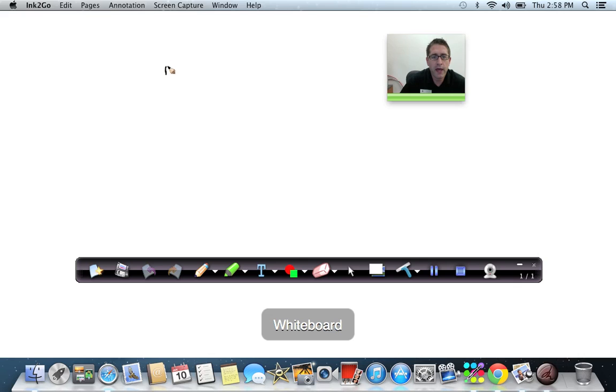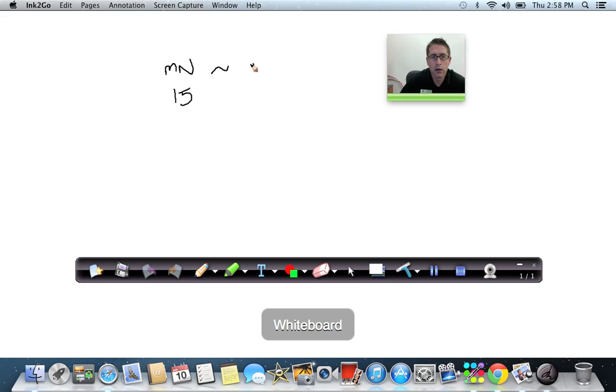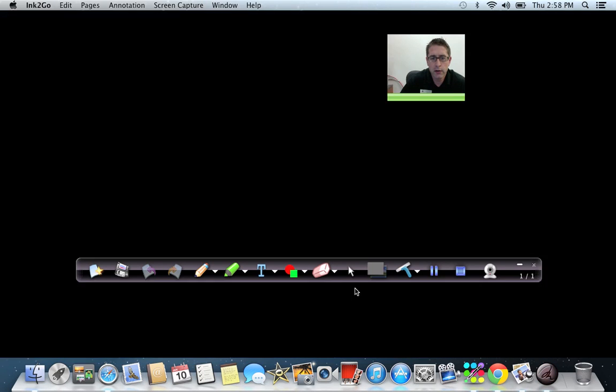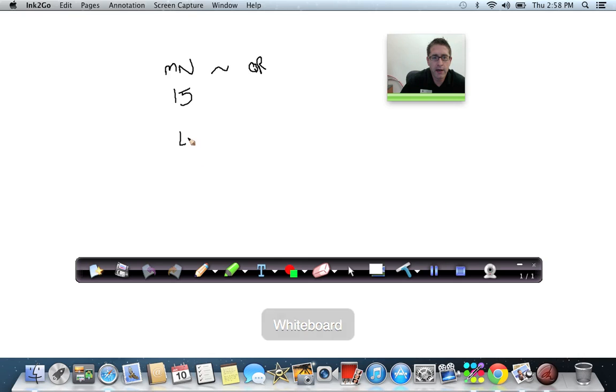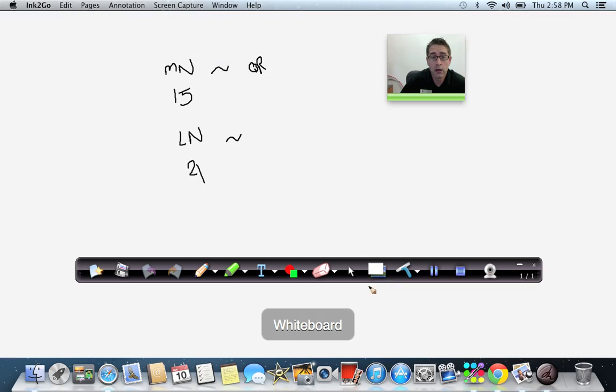So if MN is 15, and that is similar to QR, and then the other similar side that we have is LN, which is 21. So we have LN, and that one's 21. And that is also similar to, let's go back to the other page, PR. We can find those missing sides.